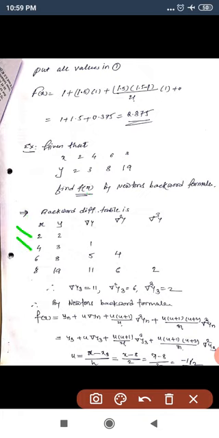So first make the difference table. The x values are x0, x1, x2, x3, and y0, y1, y2, y3, the last value being y3. The first backward difference, del of y, is 3 minus 2 is 1, 8 minus 3 is 5, 19 minus 8 is 11.